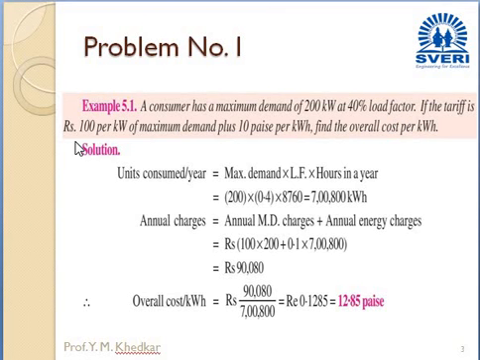If the tariff is rupees 100 per kilowatt of maximum demand plus 10 paise per kilowatt hour, find the overall cost per kilowatt hour. So here we need to calculate the overall cost per kilowatt hour, which means we will have to calculate the flat rate here, using the formulas discussed right now.